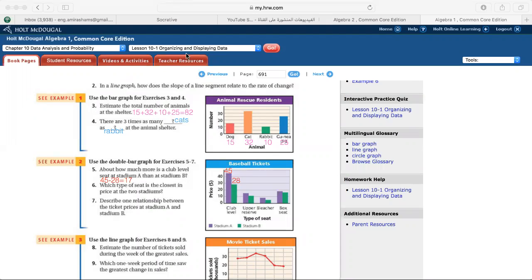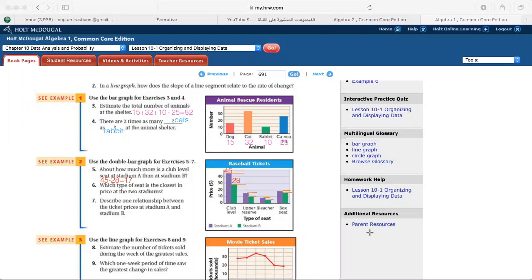If I draw a line between this one and this one, and a line between this one and this one, what is almost close to each other?